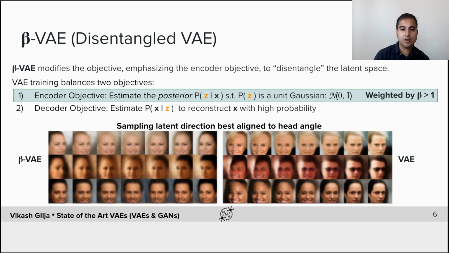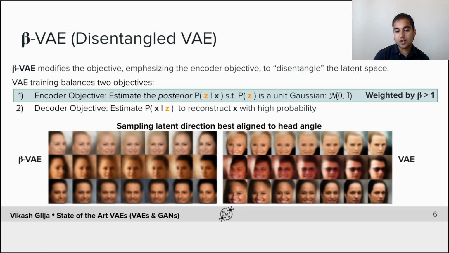And I would argue that the beta VAE examples have much more consistency in terms of the face that's being shown, and we see a more consistent change in head angle.